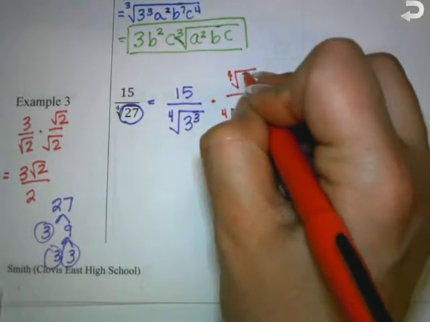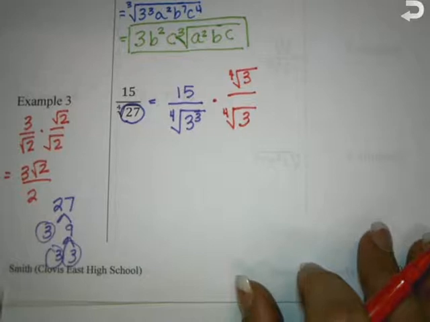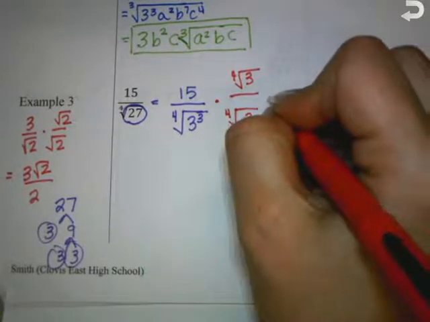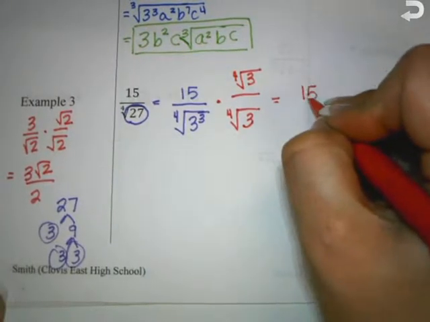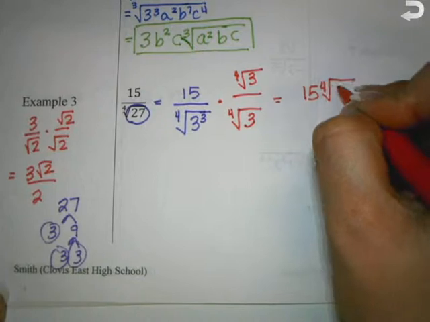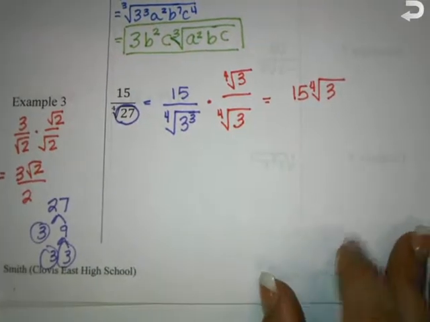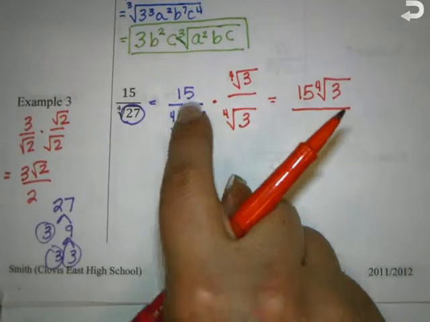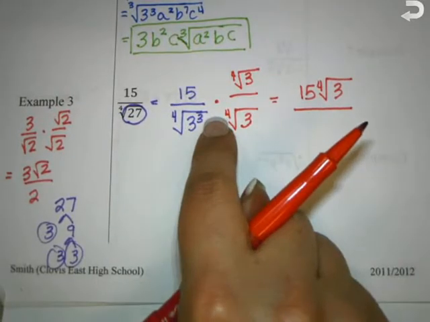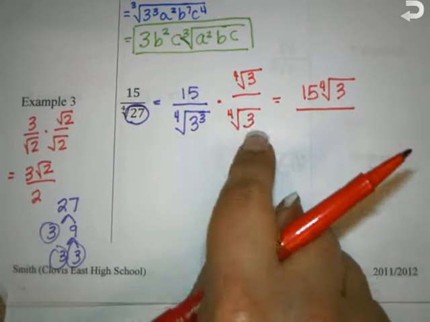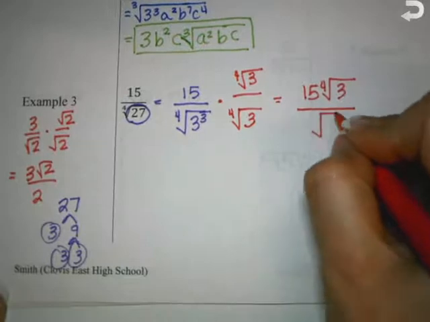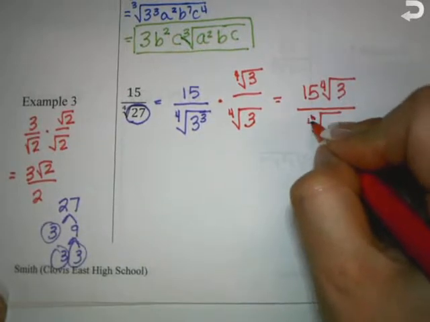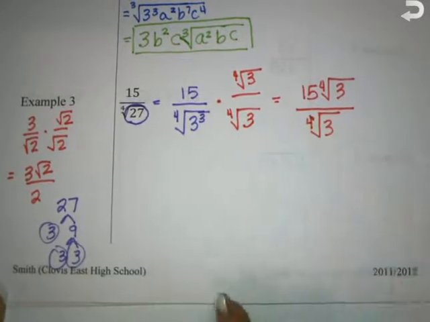In the numerator, what would I have? 15, 4th root 3. In the denominator, the 4th root of 3 cubed times the 4th root of 3. What would that give me? The 4th root of 3 to the what? To the 4th. These cancel out, right?